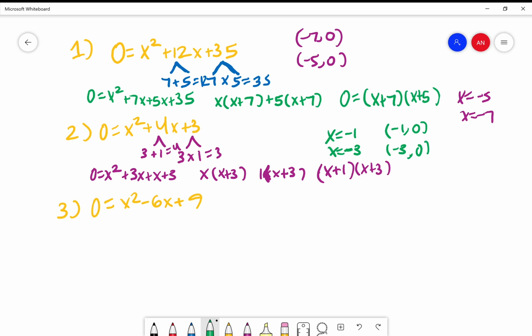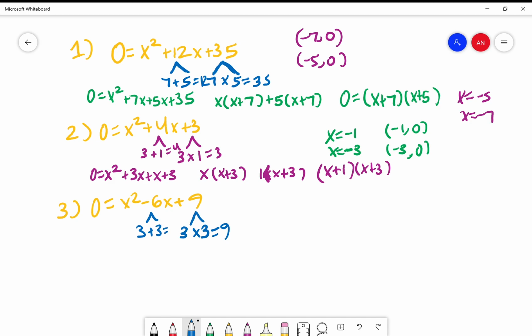Okay, now last equation. This one's a bit different. It has a negative. Mostly the same, but it's different. Okay, I'm going to use blue this time. So, two numbers, 3 times 3 is equal to 9 if you make a table. Oh, 3 plus 3 is equal to 6, but it says minus 6.